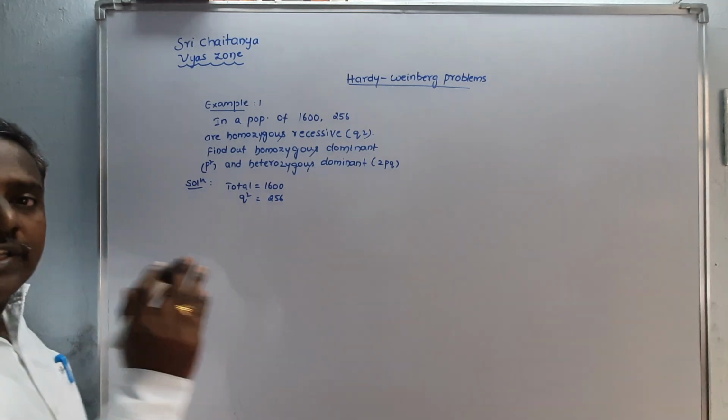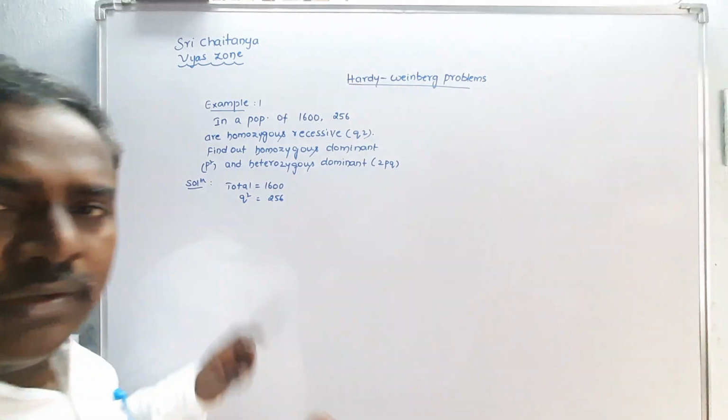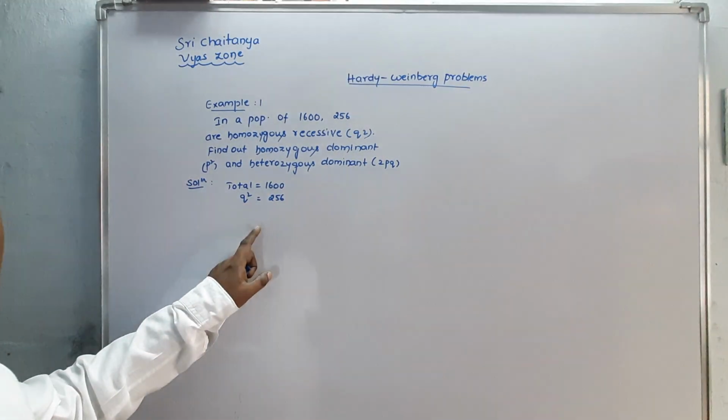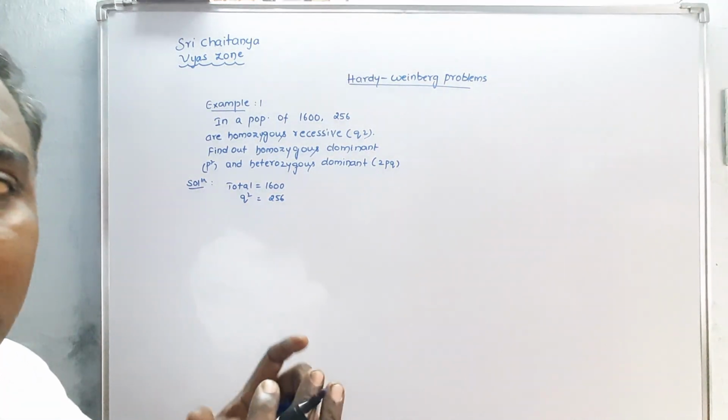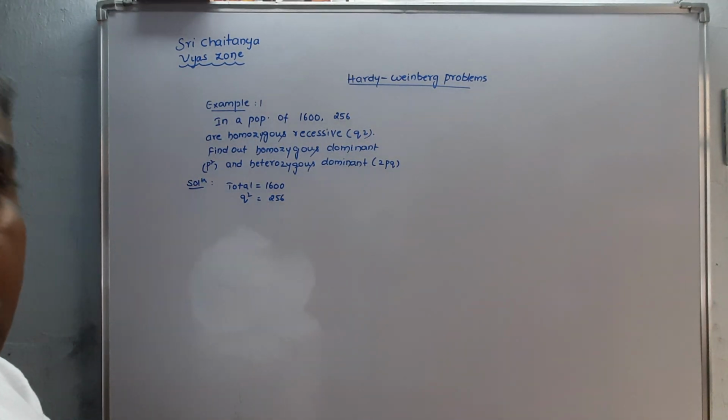First let us know the value of q, the recessive allelic frequency. If we know q, we will automatically get the value of p also.